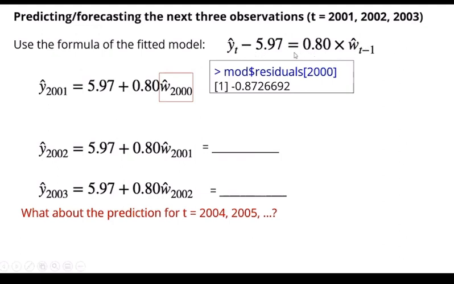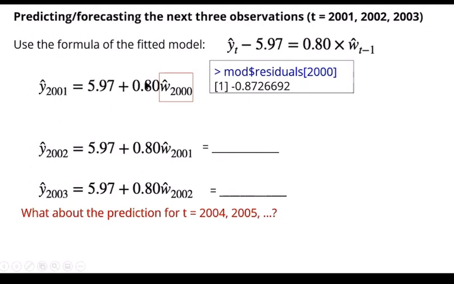Take a look at that. This is the fitted model that you obtained the other time. If you want a prediction for 2001, you plug in t equal to 2001, and 2001 minus 1 should be 2000.